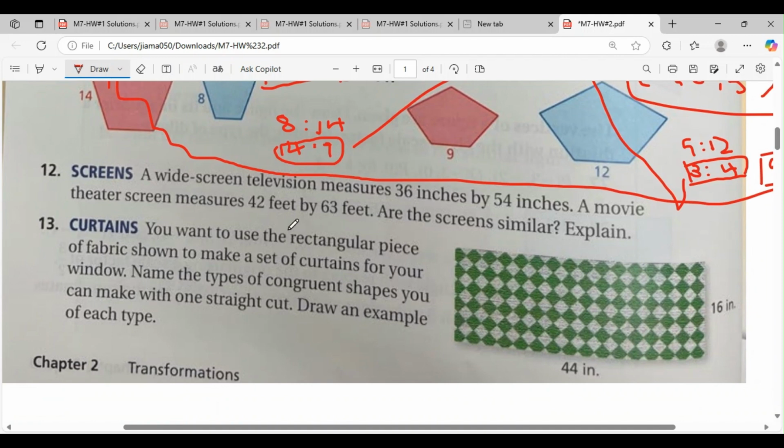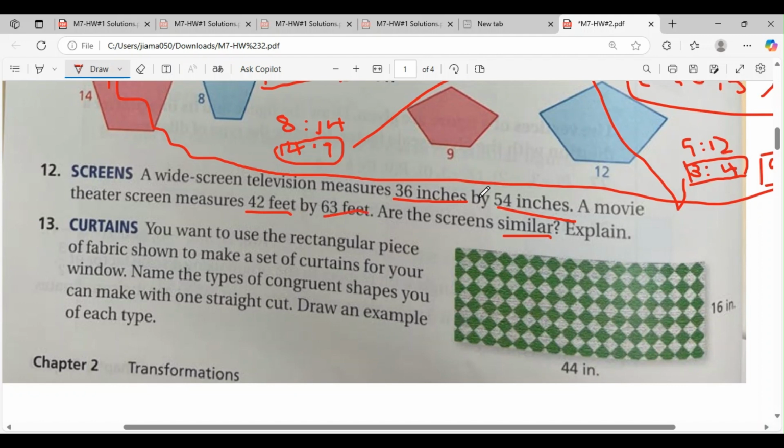A widescreen television measures 36 inches by 54 inches. A movie theater screen measures 42 feet by 63 feet. Are the screens similar? Explain your answer. Okay, so underline the important information.